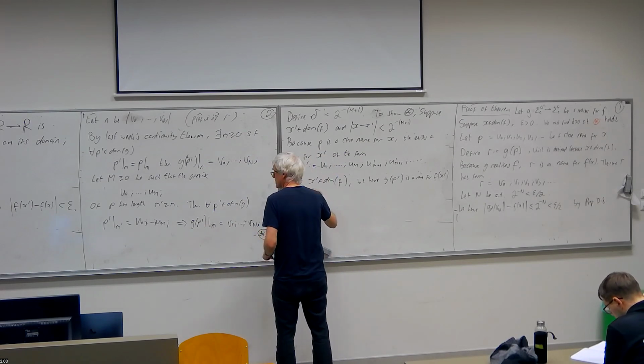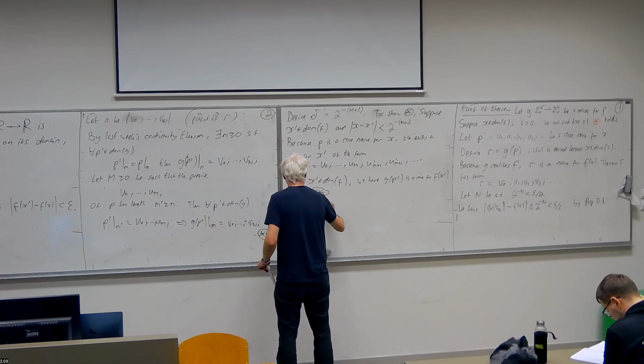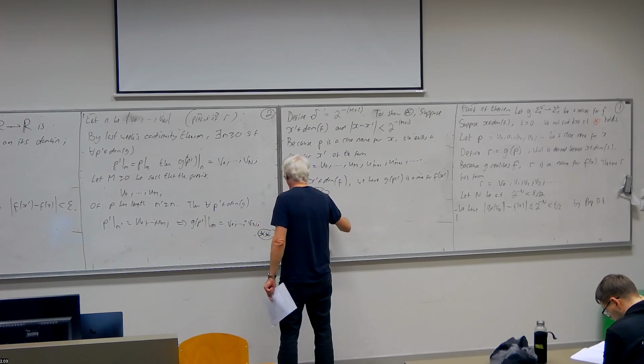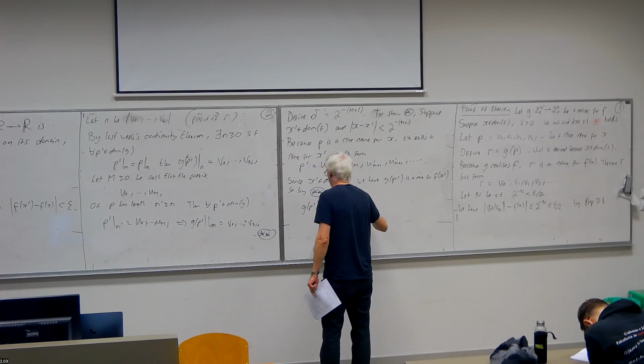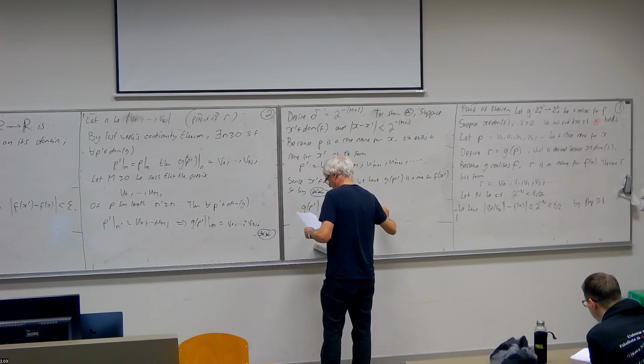So by star star, g of p prime restricted to n is e0 up to bn.